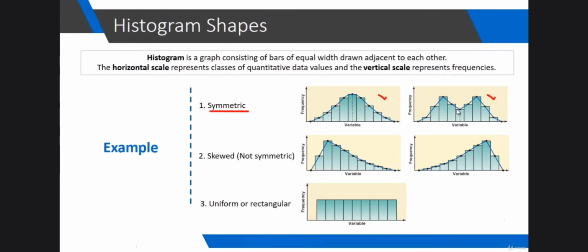So these two types are symmetric. If higher frequencies are more shifted towards one side and the other side has lower frequencies, then the graph is skewed, as represented in these two graphs. If the frequencies are uniformly distributed in all the classes, then the graph is uniform.